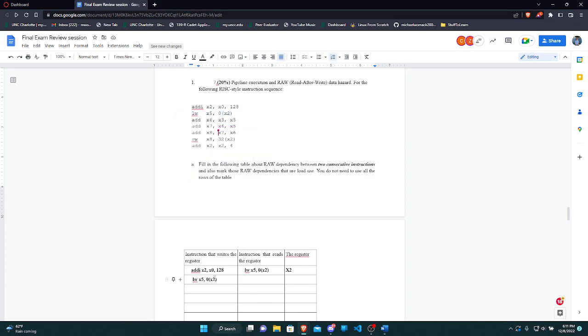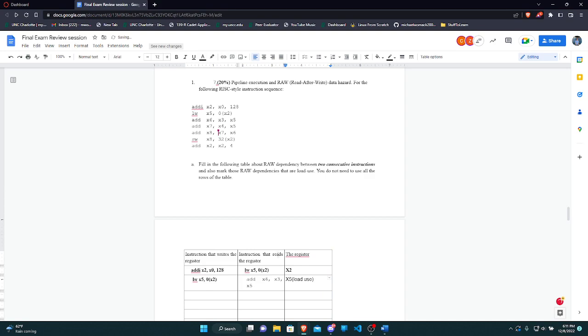Next one, they start with load word x5, and then we use x5 right here, right away. So this would be a load use because we are using x5 immediately after loading it.